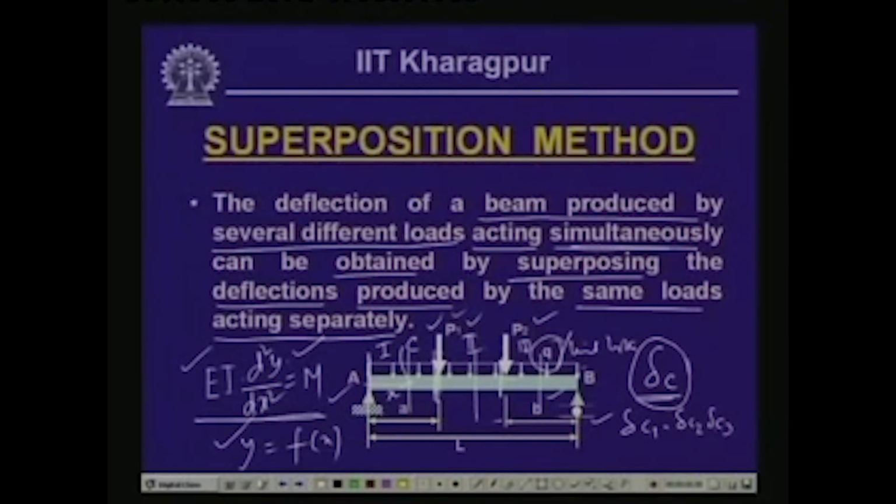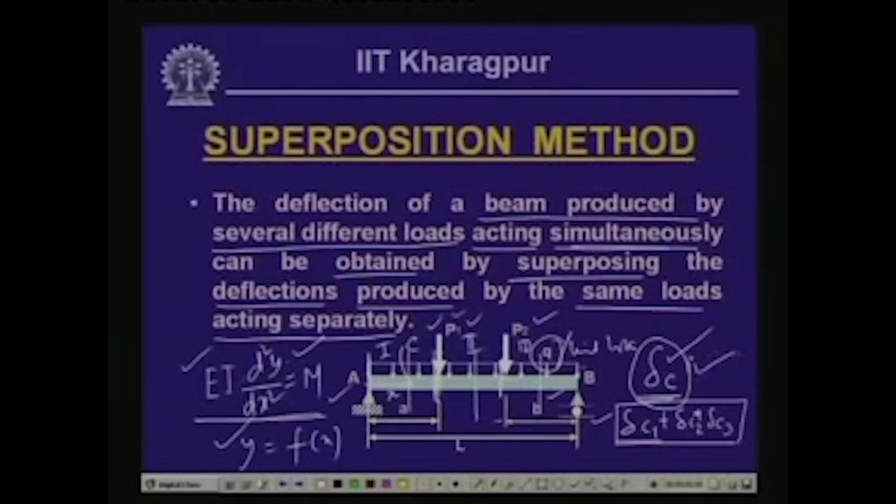If we add these three deflections together, delta C1 plus delta C2 plus delta C3, we get the total deflection delta C, which we would otherwise have obtained from the expression of the elastic curve had we taken all the loading simultaneously.